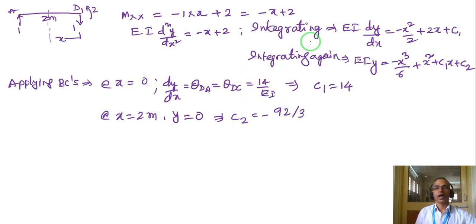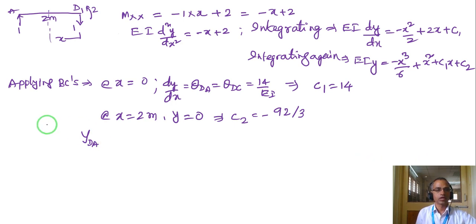So now I am looking for the deflection at D from the portion AD1. By substituting in this equation, YDA is obtained at x equal to 0.